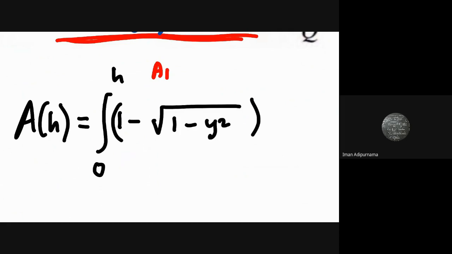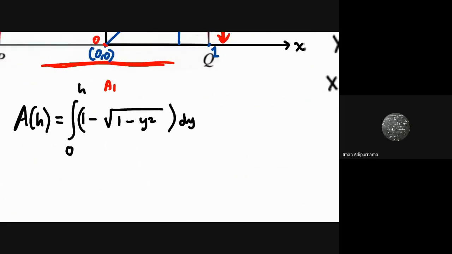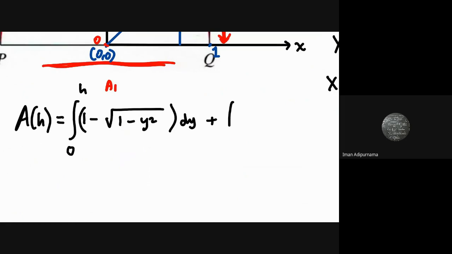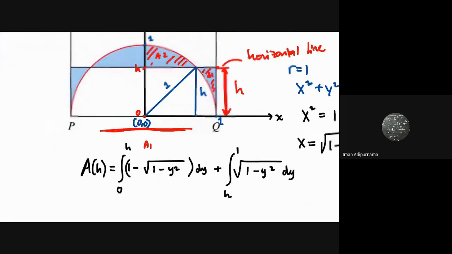So this is A1: the integral of 1 dy, oh sorry, it should have 1, and plus the integral from h to the square root of 1 minus y squared dy.